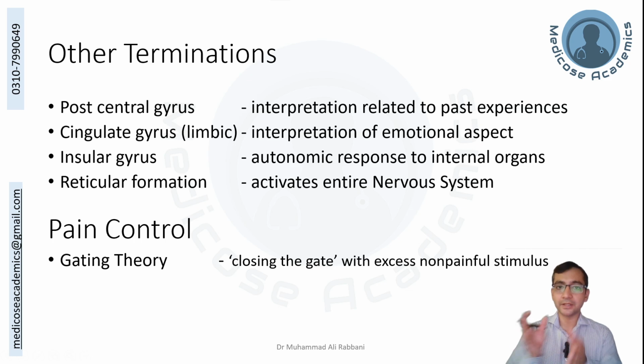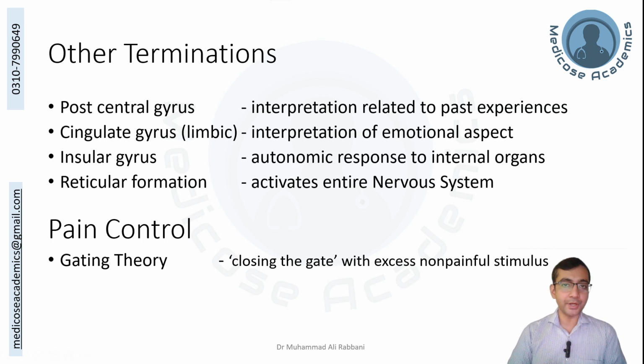But at the relay center, it's also receiving, let's say, discriminative touch and other signals. So what happens is that if I overwhelm that area, let's say I'm rubbing my hand after it, scratching it, the other non-painful stimuli will overwhelm the gate point, the choke point, and the pain information will try to go in but will be blocked.